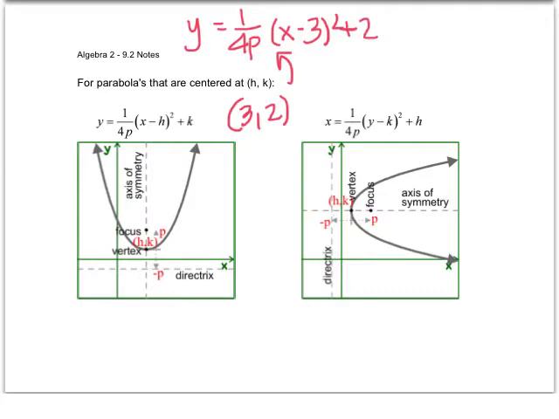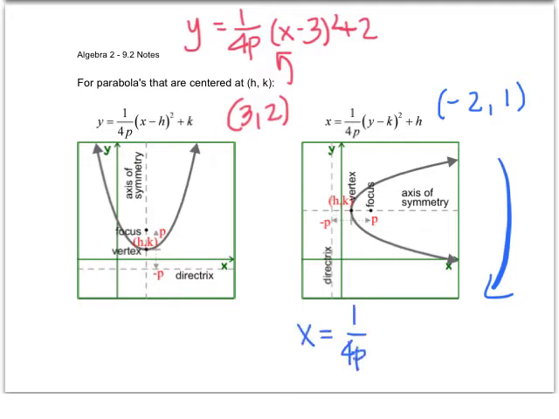If we look over here at a parabola not centered at the origin, but now opening left or right, let's say all we know is it's at the point (-2, 1). Then when I write this equation, and I'll write this one down here, what I'm going to have is x equals 1 over 4p.